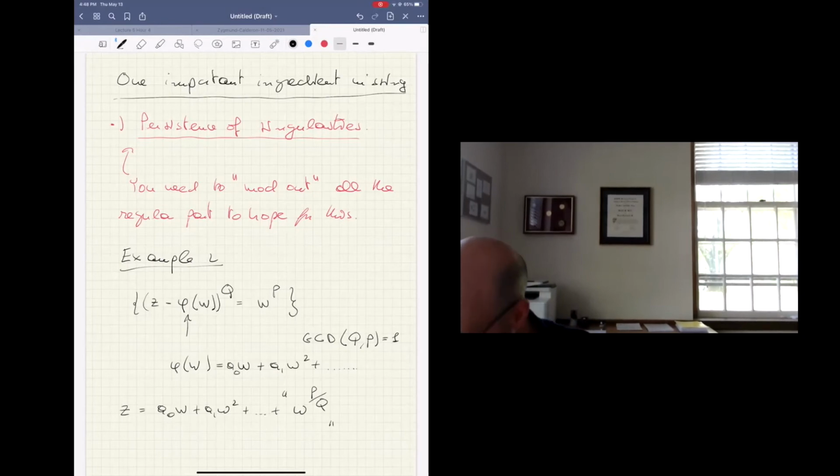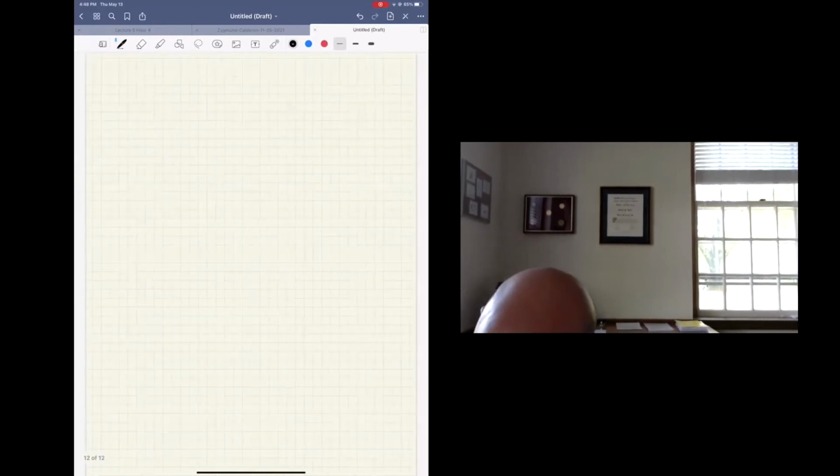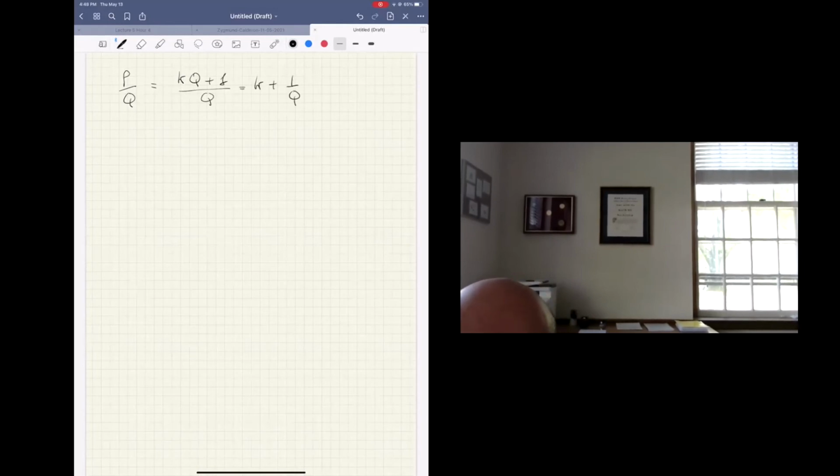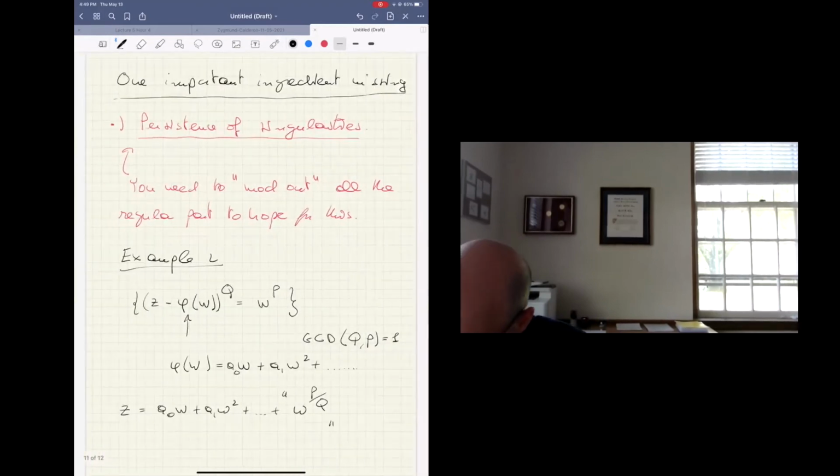Now this p over q, in our example, was k q plus 1 divided by q, so it's going to be k plus 1 over q. And although it has this singularity, notice that this k might be very, very large. So in this Taylor expansion, I don't know how big this is in terms of homogeneity with respect to, for instance, this term or that term.